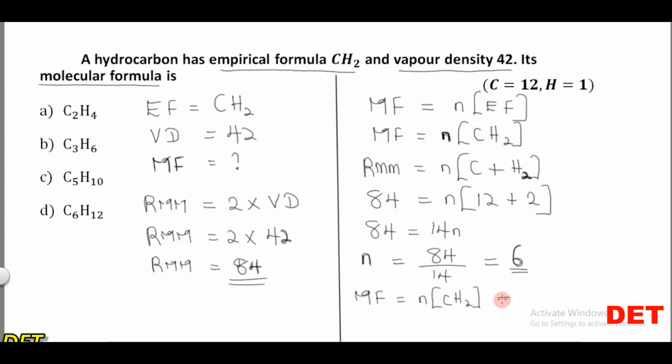My n is 6, so the molecular formula is 6(CH2). 6 times C gives C6, and 6 times 2 gives 12, that is H12. So the molecular formula of this compound is C6H12. That makes option D the correct answer.